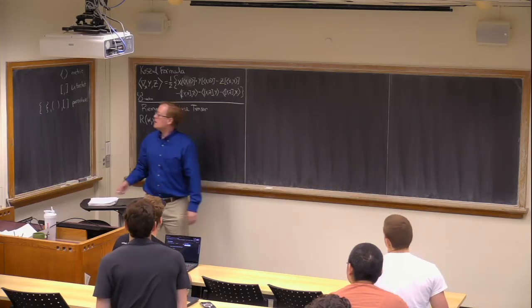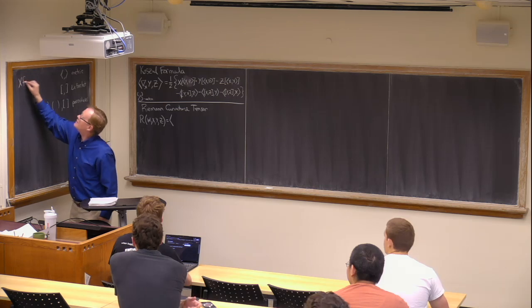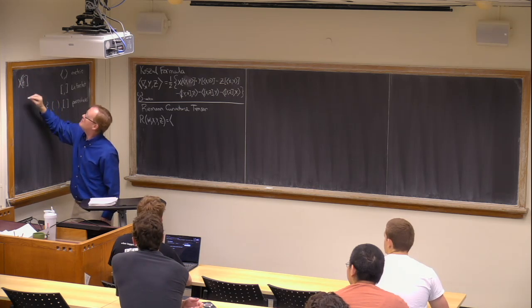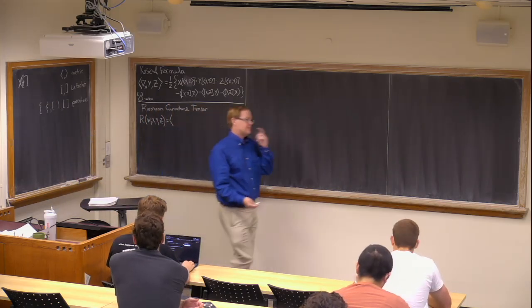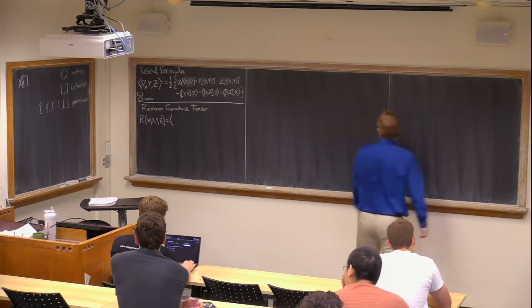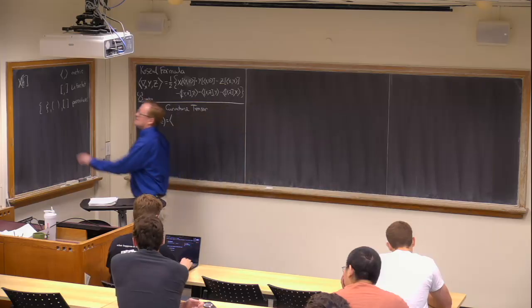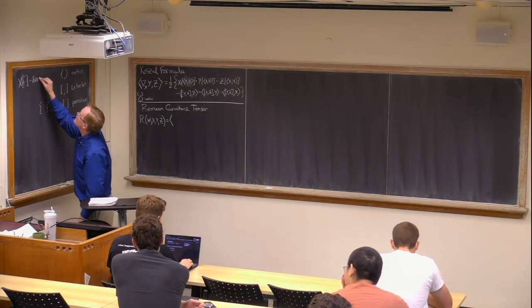But sometimes people will write Xf for the directional derivative of f in the direction of X. I like to write it with brackets just to emphasize. Sometimes it's not f, it's f plus g or whatever. So I tend to use the square brackets for a directional derivative. That's arguably notation too.